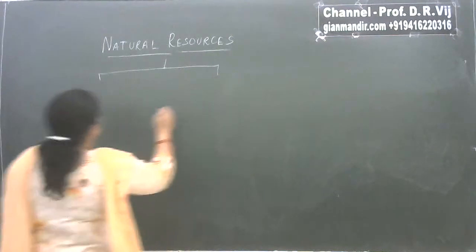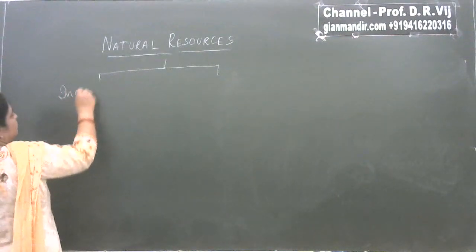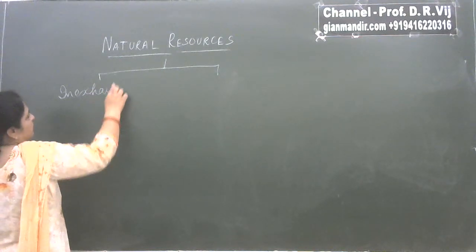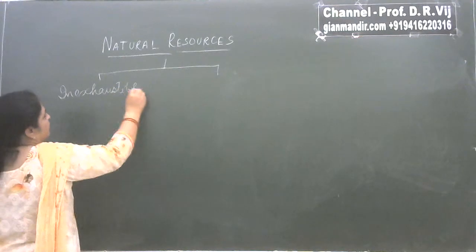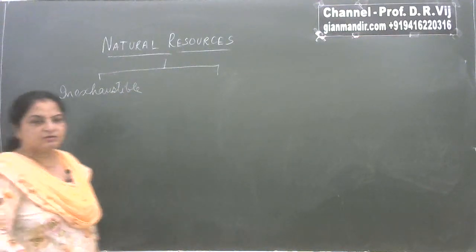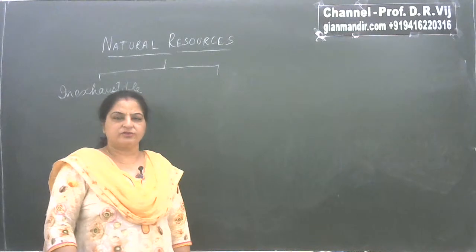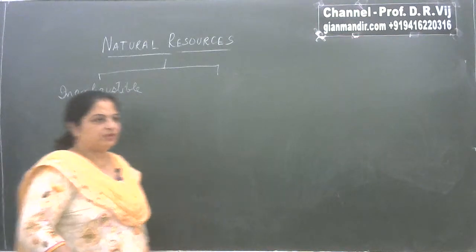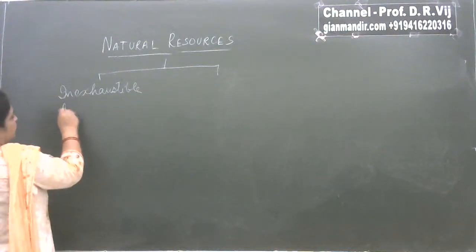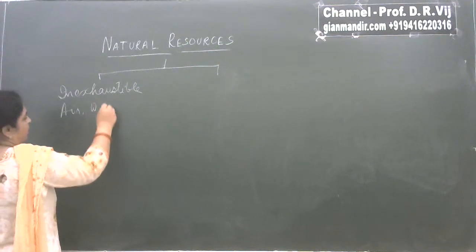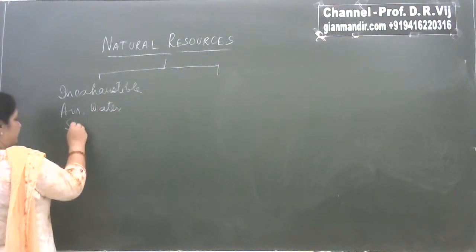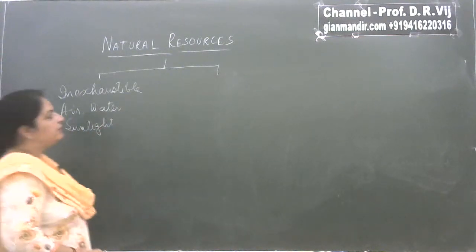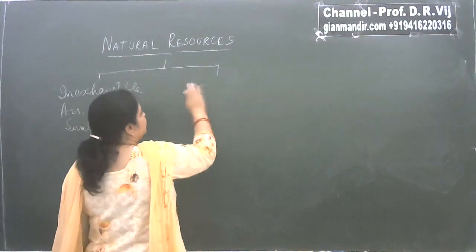One is inexhaustible resources. Inexhaustible resources, as the name shows, are the resources that are never going to get exhausted. They will always remain with us. For example, air, water, sunlight, winds, etc.